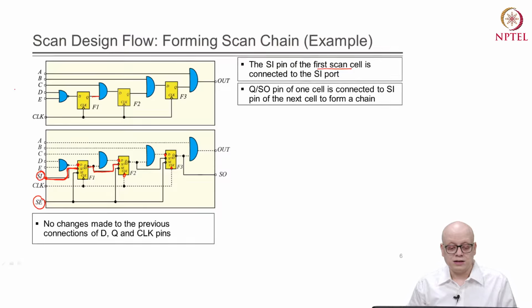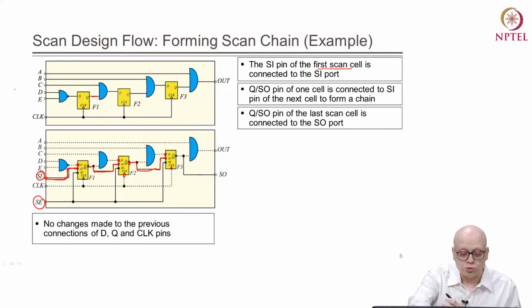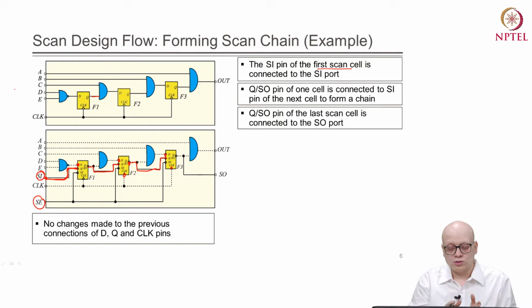Then again from this scan cell, the Q pin is taken out and it goes to the scan in pin of the next flip flop or scan cell, right. And finally, in this case there were only 3 flip flops, so there are only three such connections from a Q to the SI pin of the next flip flop.